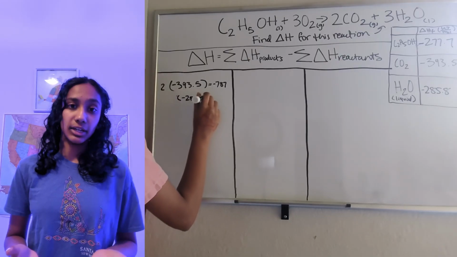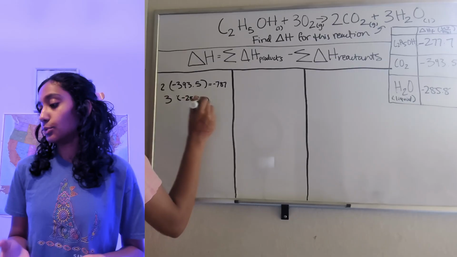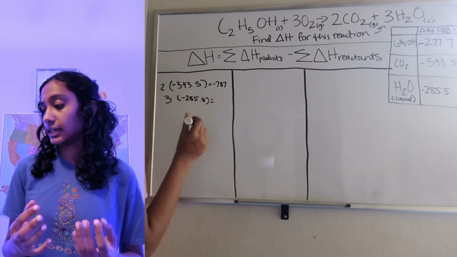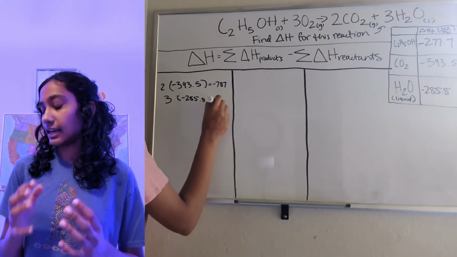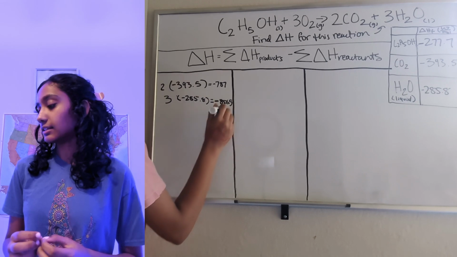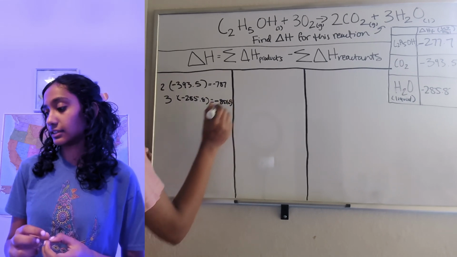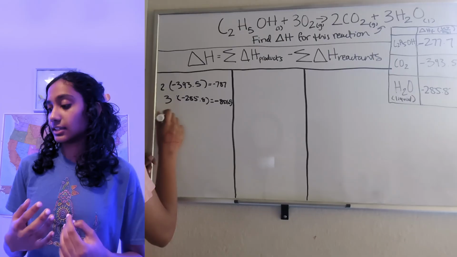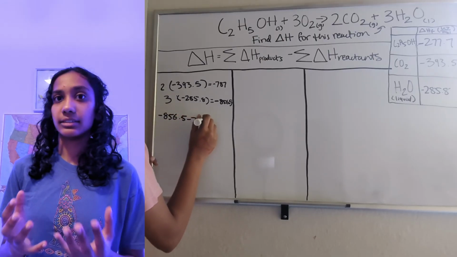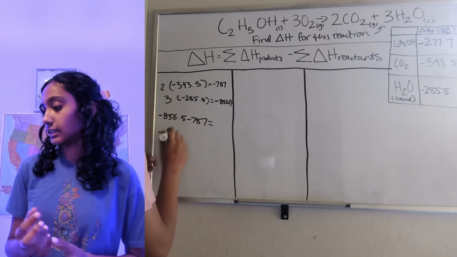Since there are 3 moles of water in the reaction, we multiply that by 3. Negative 285.8 times 3 gives us negative 856.5 kilojoules per mole. Now let's find the sum of heat of formations for the products. Negative 856.5 minus 787 equals negative 1643.5 kilojoules.